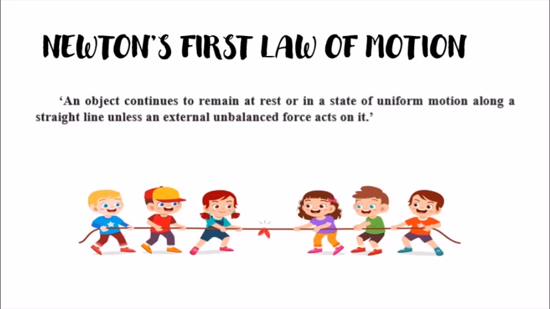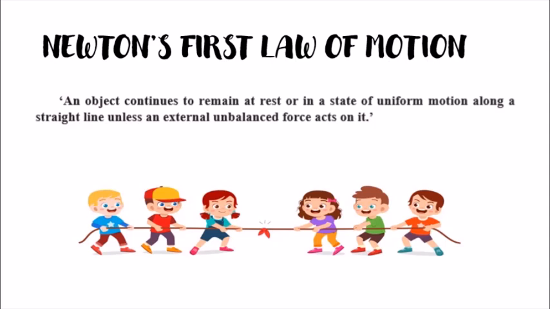So, when an object is at rest or is in uniform motion, it does not mean that there is no force acting on it. Actually there are a number of forces acting on it, but they are cancelled by one another, and so the total force is zero.